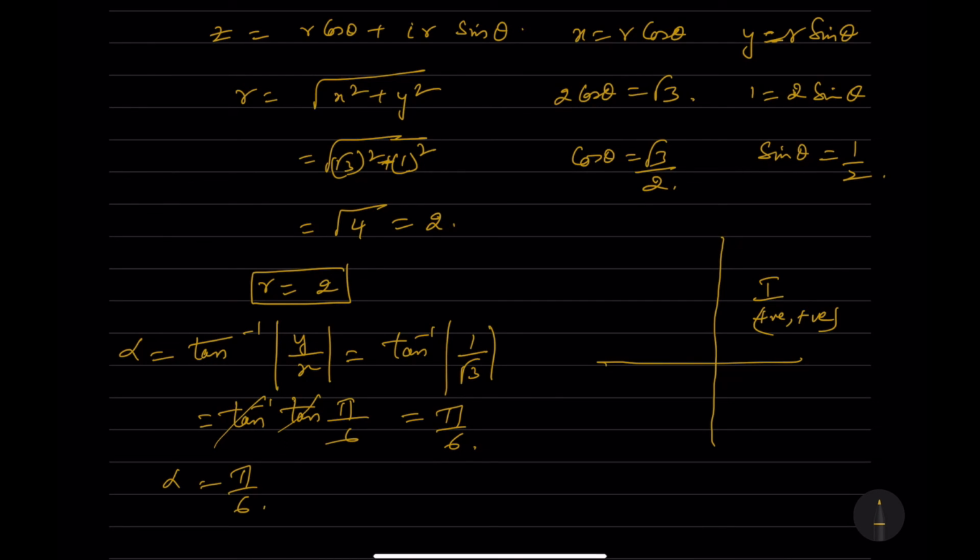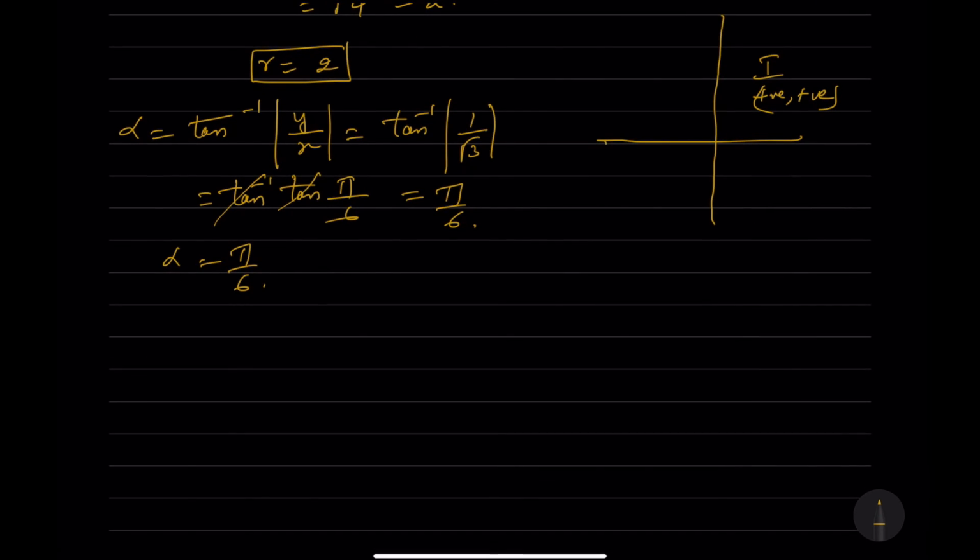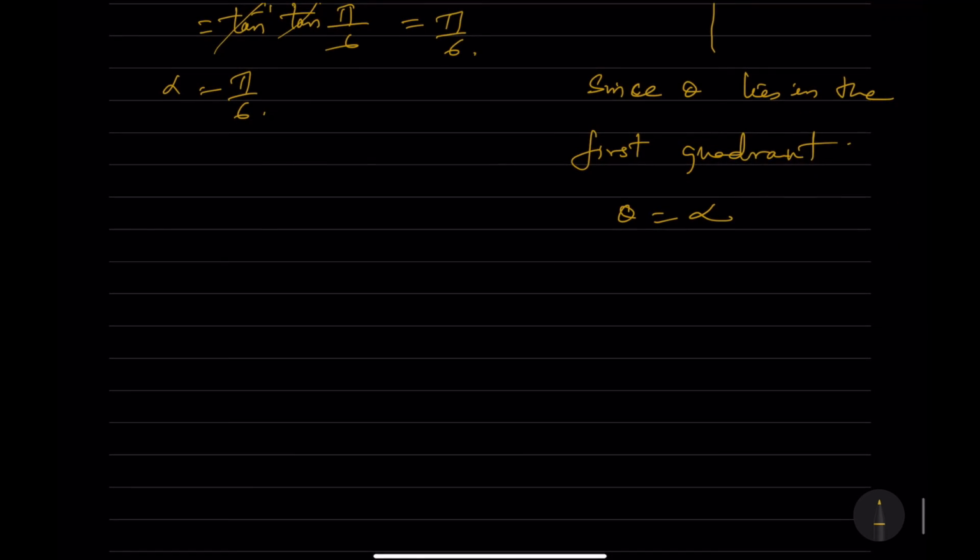Since theta lies in the first quadrant, theta is equal to alpha. So therefore theta is equal to pi by 6.